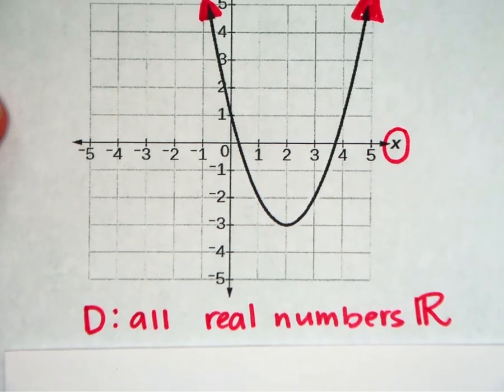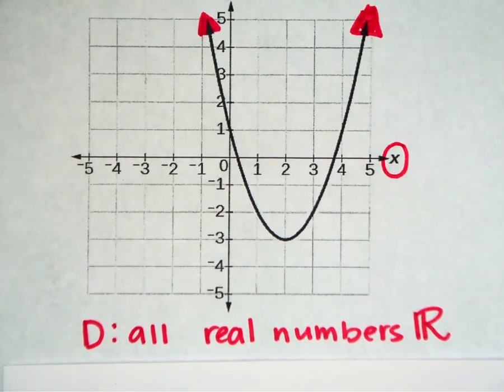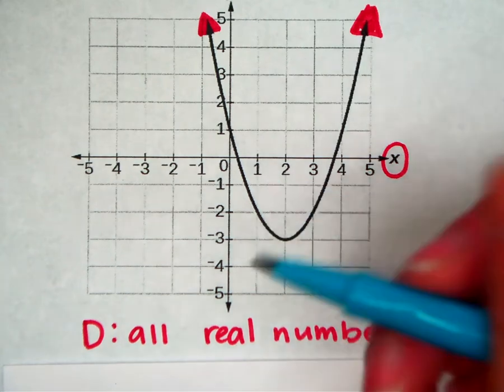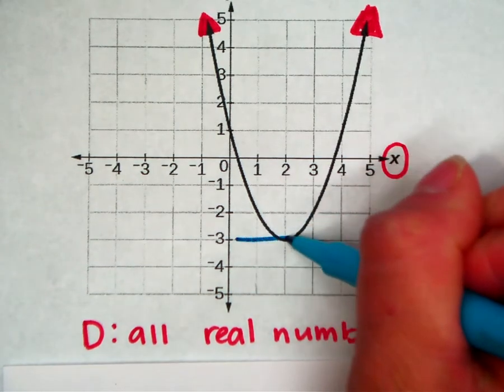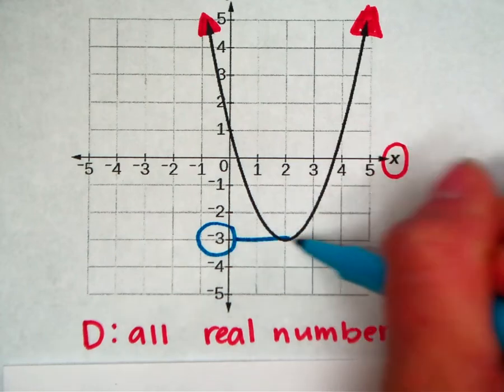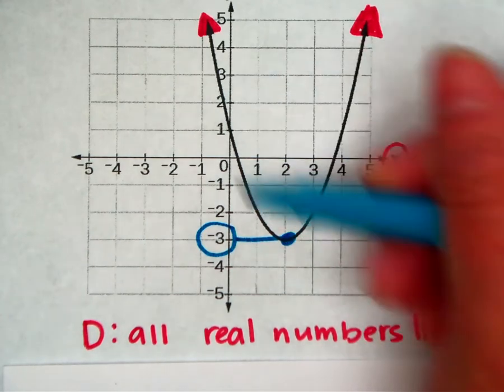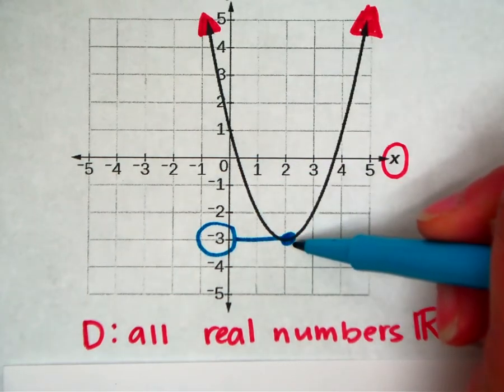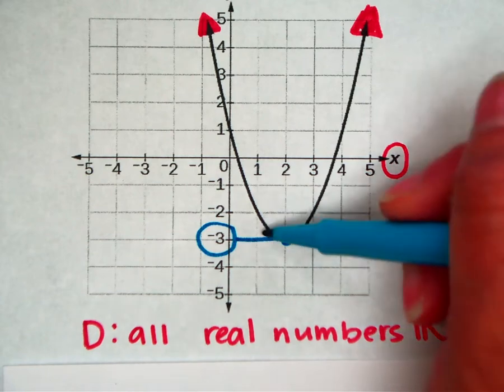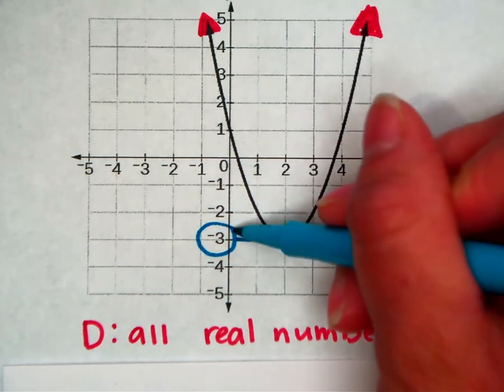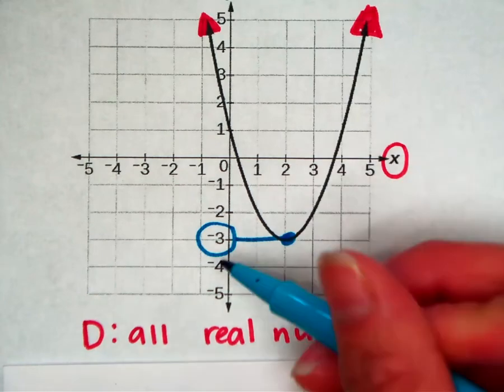Now we're going to look at the range. When you look at the range of the function, you're looking at the y values. So when you look at the y values, you look from bottom to top. Well, in this case, they start here at the bottom. This is the lowest value of the y values. So you go to that lowest point in the graph, and you ask yourself, since this is going up, is it including all of the values greater than or less than -3?